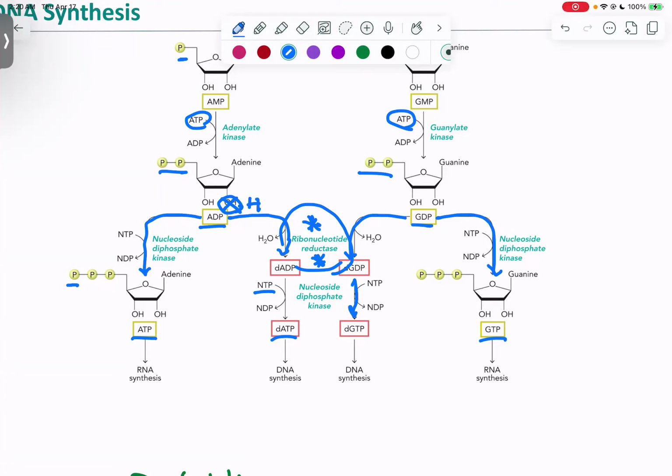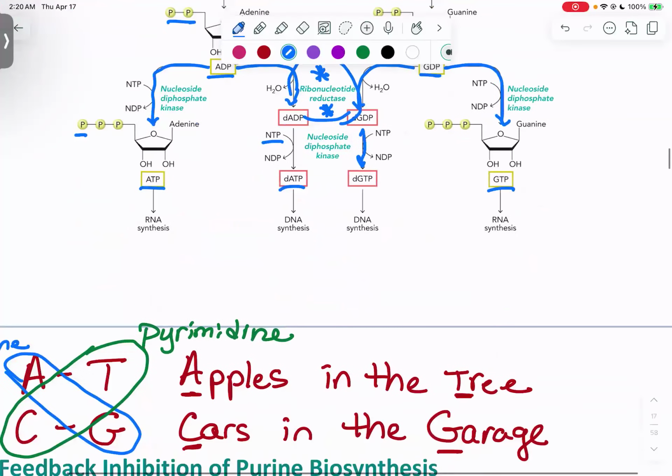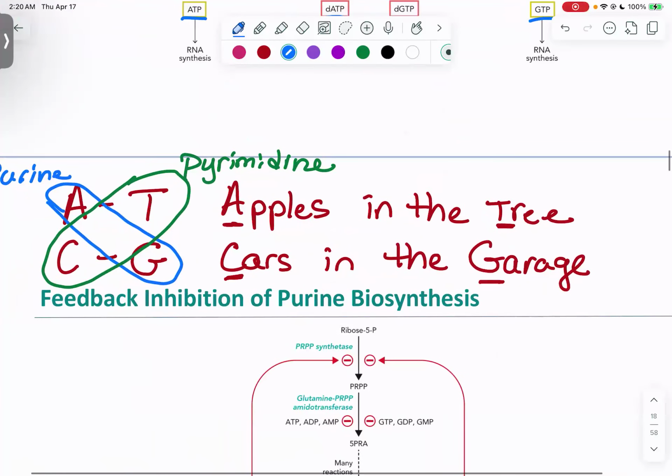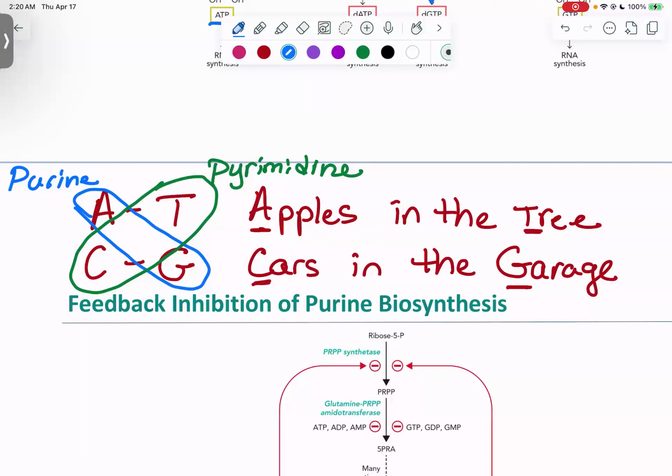Okay, so feedback inhibition is going to be really important. We've seen feedback inhibition for amino acids to make sure that we have the right proportions of each amino acid. It's also important for nucleic acid biosynthesis. You need equivalent amounts of purines and pyrimidines. So remember, the way that your nucleotides pair, A always pairs with T. A is a purine, T is a pyrimidine.